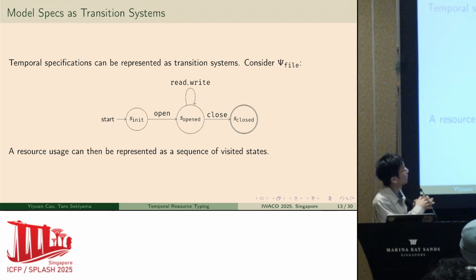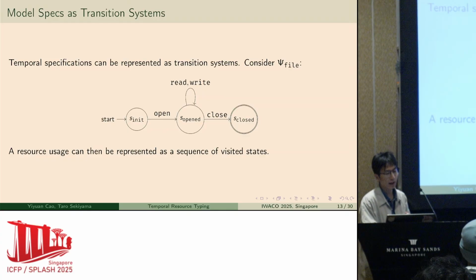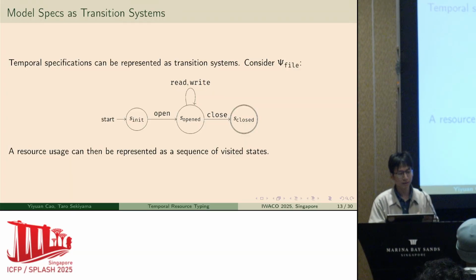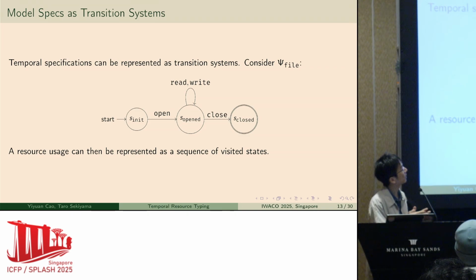To understand current work and our work better, let's first start by modeling temporal specifications as transition systems. Let's consider again this file example. We want this transition system to accept exactly the valid usage traces of files.